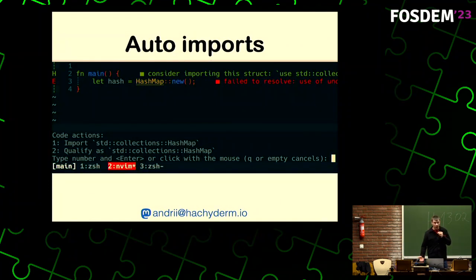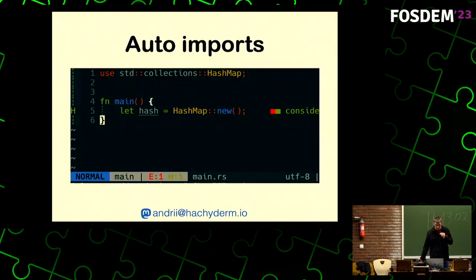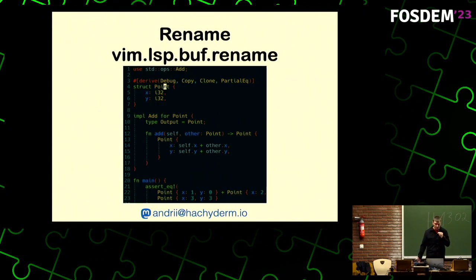If it has any code actions, for example, import HashMap, you can select it and import it automatically, and that's it. It's very cool. Same with rename. Now all haters of Vim can't say that you're renaming using grep. You can rename using the syntax tree, be smart, and apply it across the entire code base.